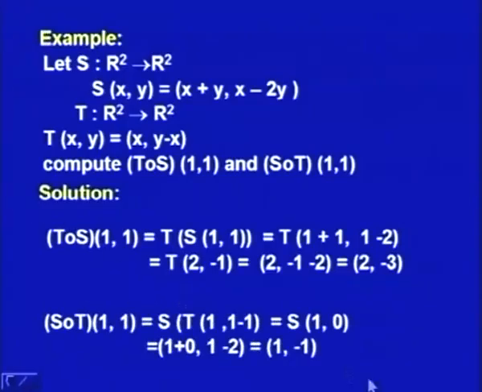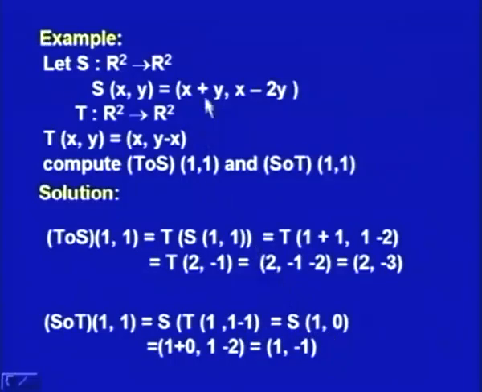while S composite T on 1 comma 1 is equal to S of T on 1 comma 1, which is S of 1 comma 1 minus 1. I am first using this definition x comma y minus x. So, it is 1 comma 1 minus 1, and this reduces to S of 1 comma 0.